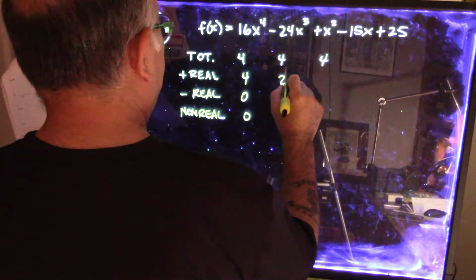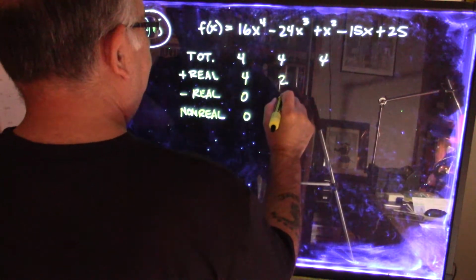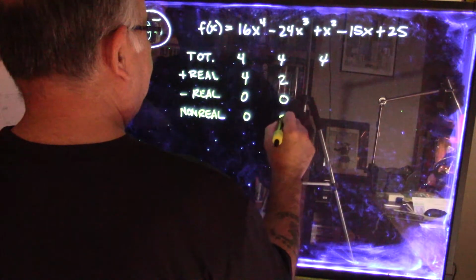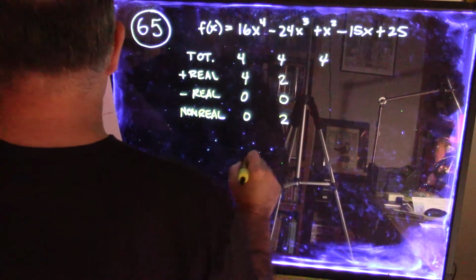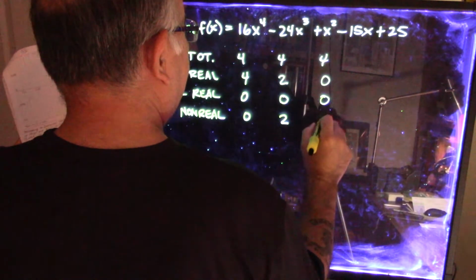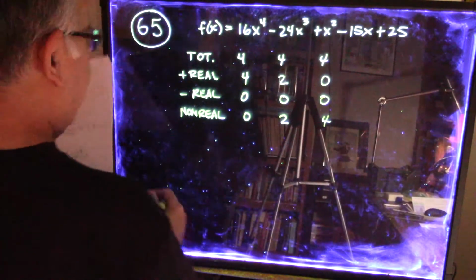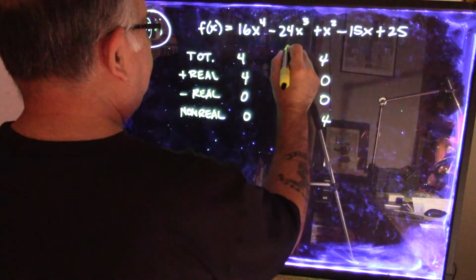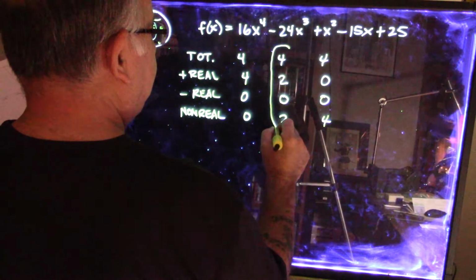Let's say we've got 2 positive real roots, and we're not going to have negative real roots. We already found that out, and so that must mean 2 non-real roots, and there may be 0 positive reals, and there would be 4 non-reals.